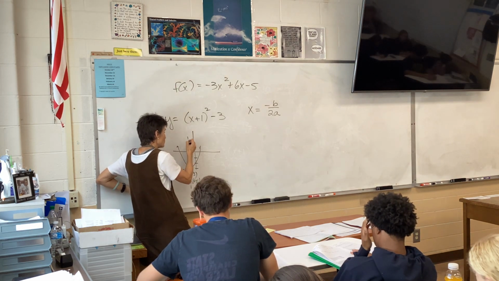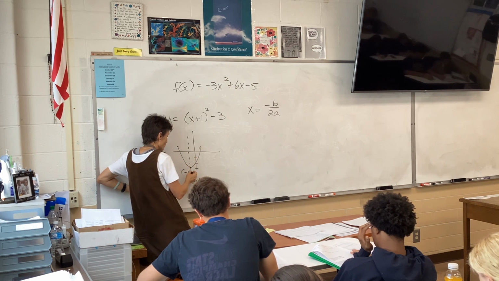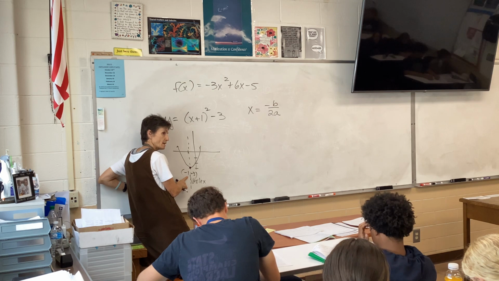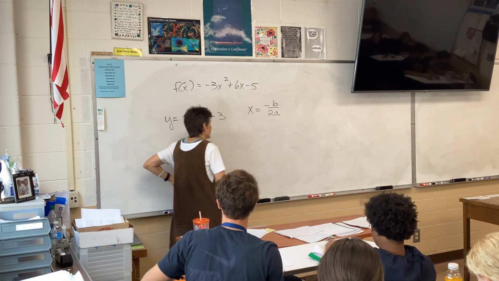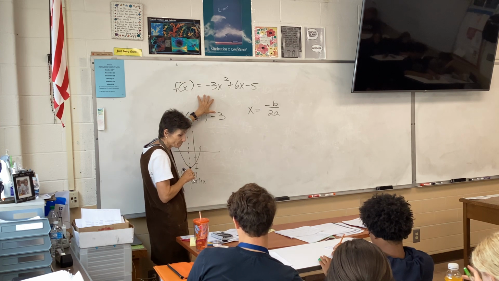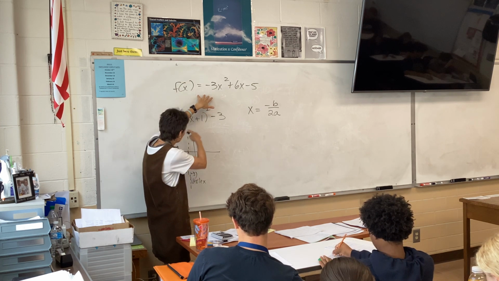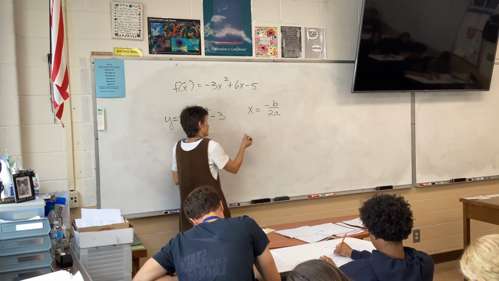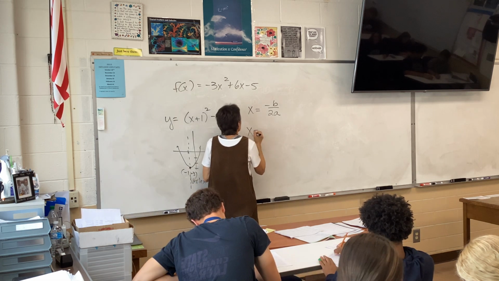Notice that if you know the axis of symmetry, don't you automatically know the x-coordinate of your vertex? Yes. So, our job is to find the vertex of this, or write it in vertex form, so basically find the vertex. So, let's find the axis of symmetry.